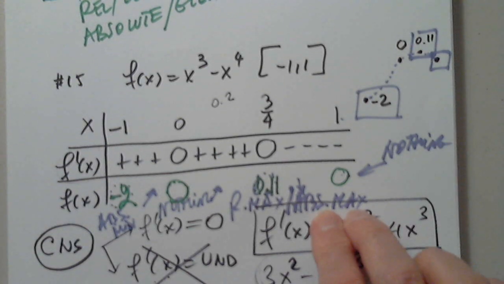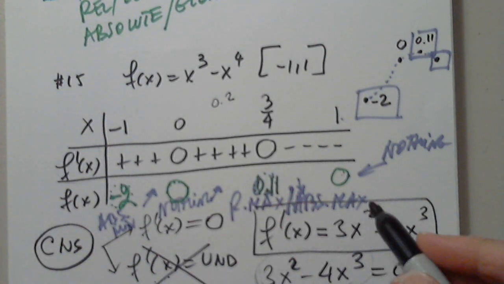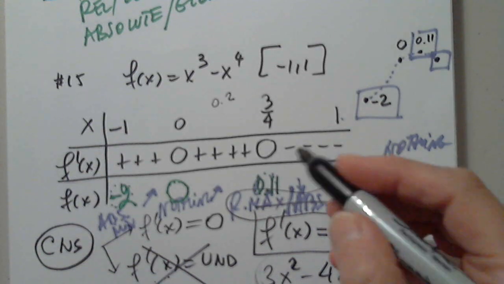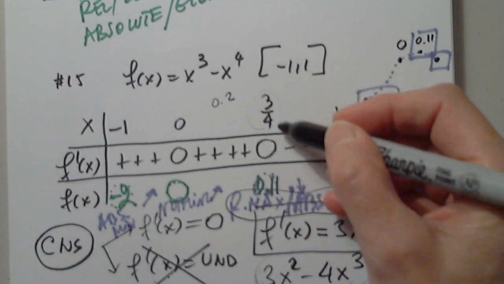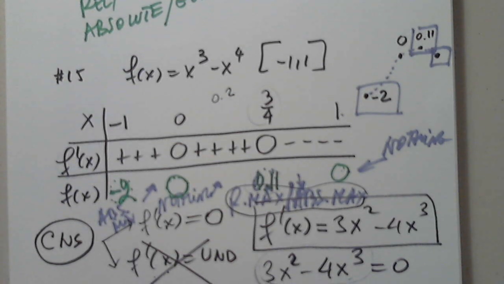Okay. Both of them for 3/4, 0.11. So these are both for this point, 3/4, 0.11. Relative max as well as absolute max. Is that okay? Yeah. Sorry about that.